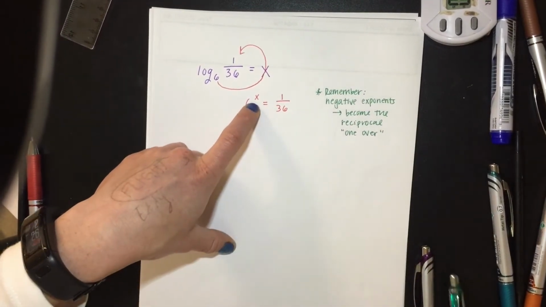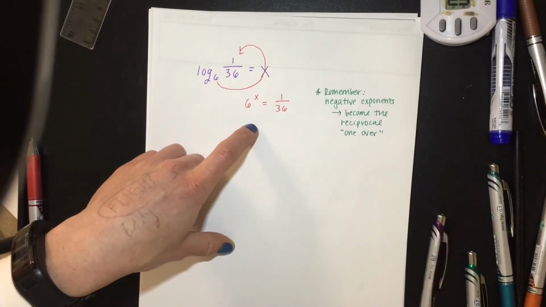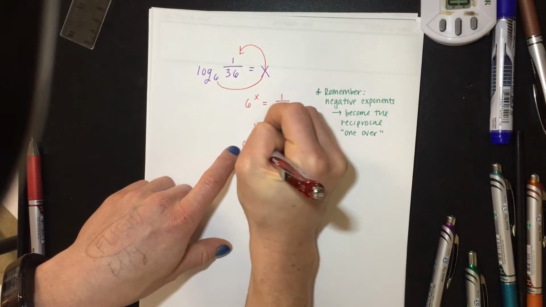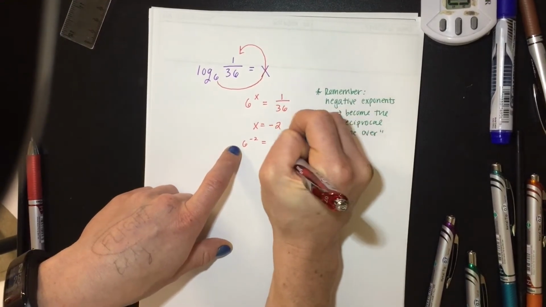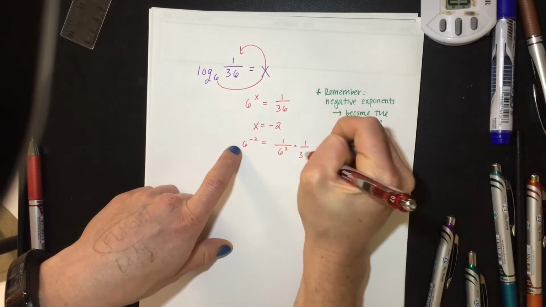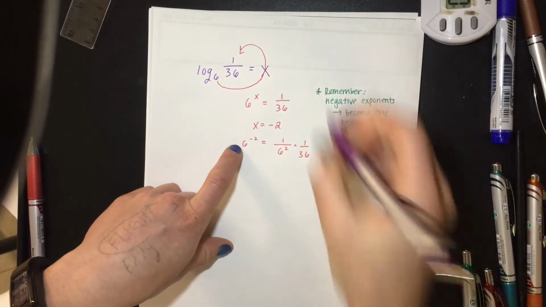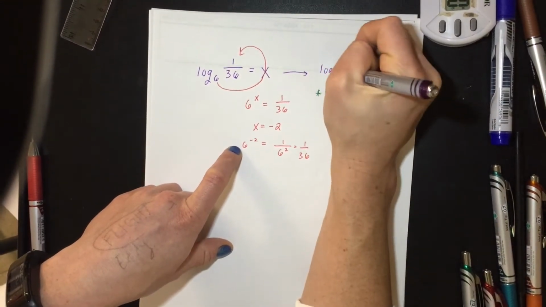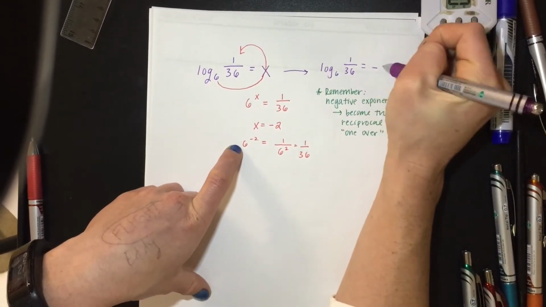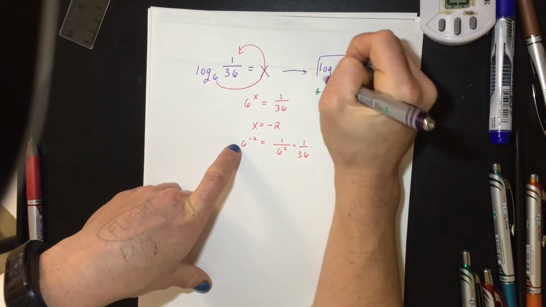So in this case, x is equal to -2, because 6 to the -2 is equal to 1 over 6 to the second, which is 1 over 36. So my answer: log base 6 of 1 over 36 is equal to -2.